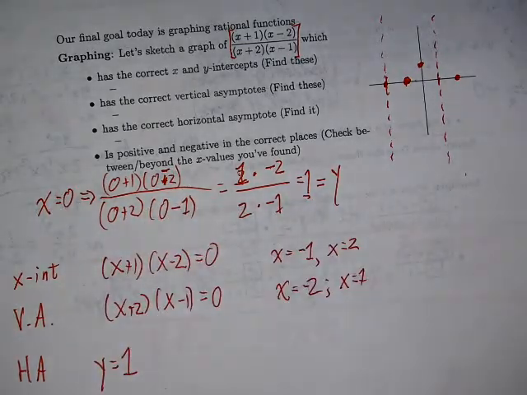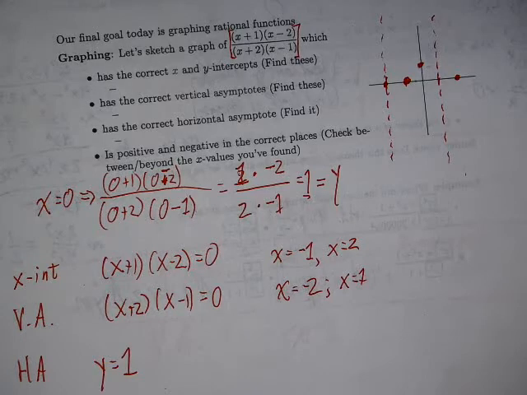The other philosophy is if you actually read the theorem that we got out of that idea, well, there are 3 cases. One of them is when the numerator and denominator are the same degree. Is the numerator and denominator the same degree for this rational function? Yeah, they're both degree 2. So I just need their leading coefficients. If you FOIL out the numerator, what's the leading coefficient you get? 1.